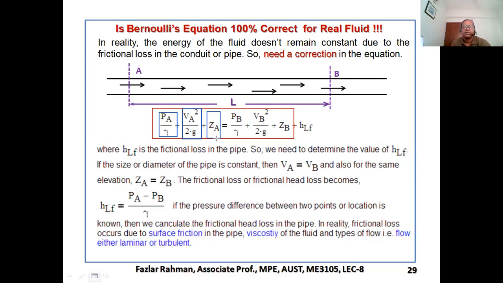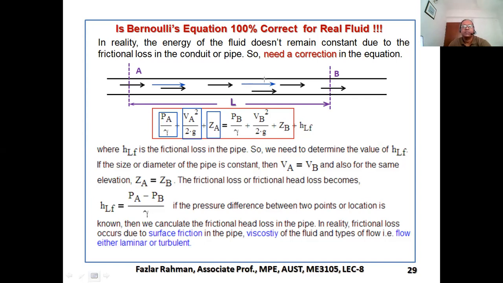So this is not practically right, because if fluid flows through a pipe, due to the viscosity of the fluid and also due to the surface friction at the wall of the pipe, there is some energy loss inside the pipe, and it depends on the distance between the two points.